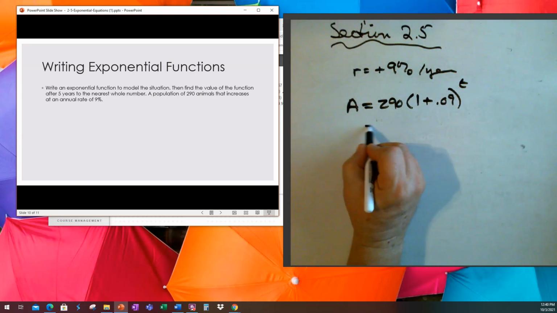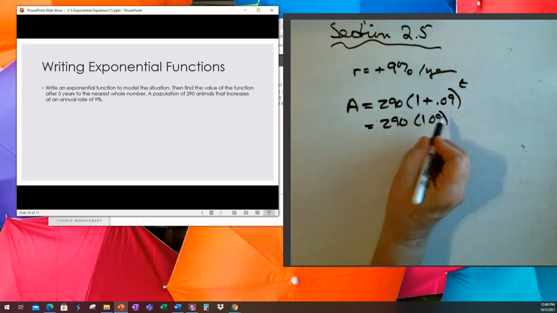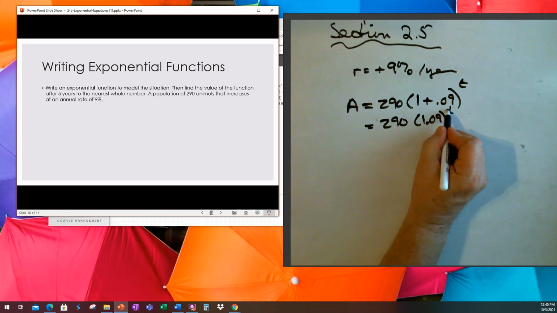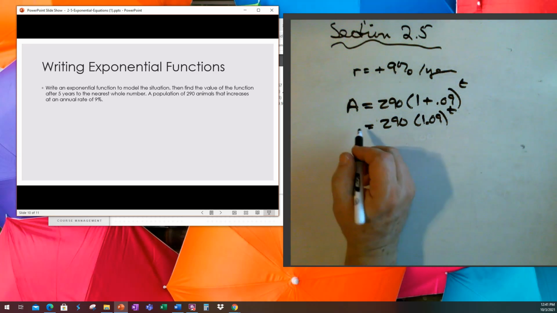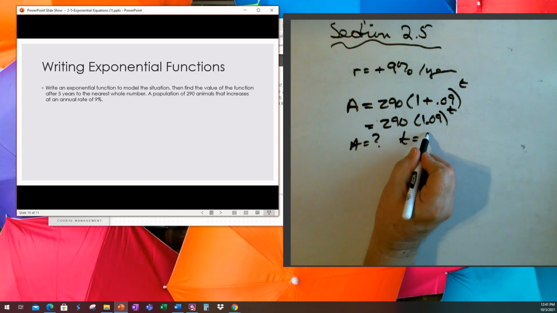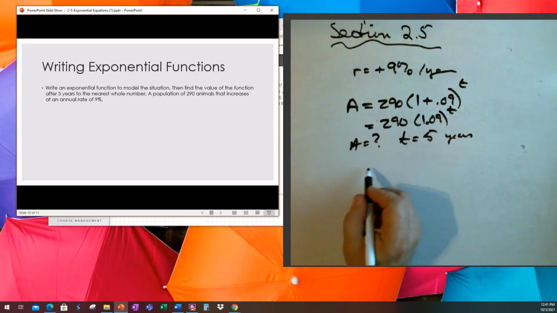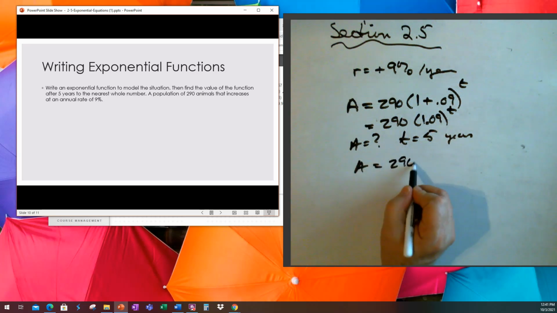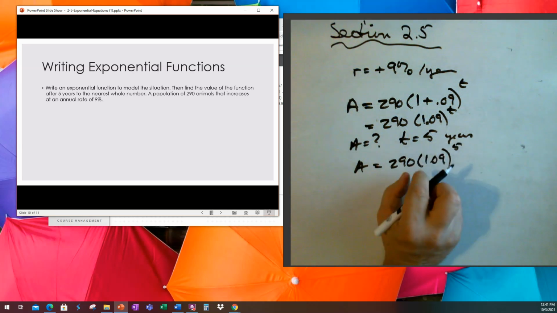So this is 290 times 1.09 to the t in years. Then we want to find A after t is equal to 5 years. So our population would be 290 times 1.09 to the 5th.